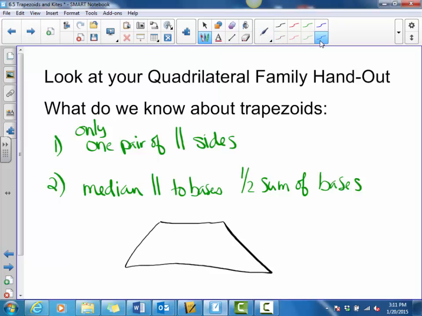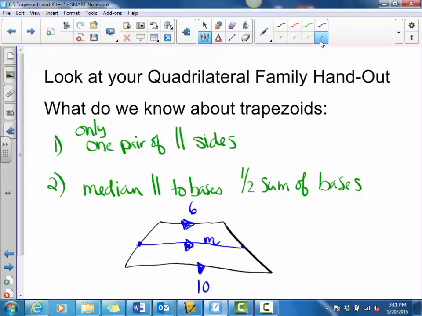Okay, so remember that a median is when we take the midpoint of two segments and we connect those midpoints. So I know that this piece is parallel to this piece. That's the given, right? That's the definition of a trapezoid. Well, it says that the median is also parallel to the bases. But the other thing that it says is that the median is half of the sum of the bases.